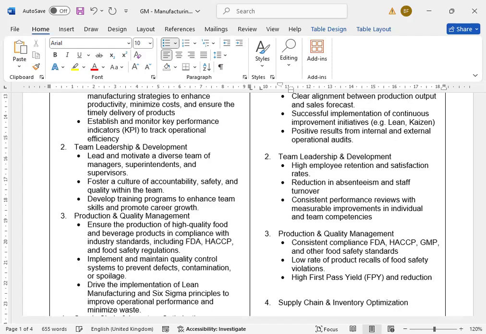And reduction in defects or rework, and then achievement of targeted production efficiency.